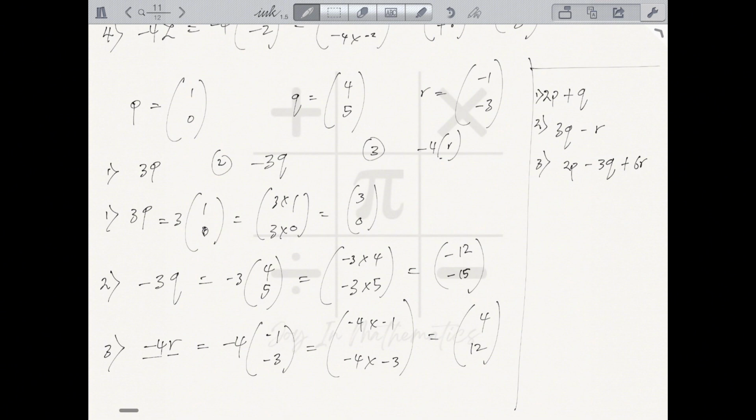All of this involves scalar multiplication with addition and subtraction. All this we will see in the next lesson.